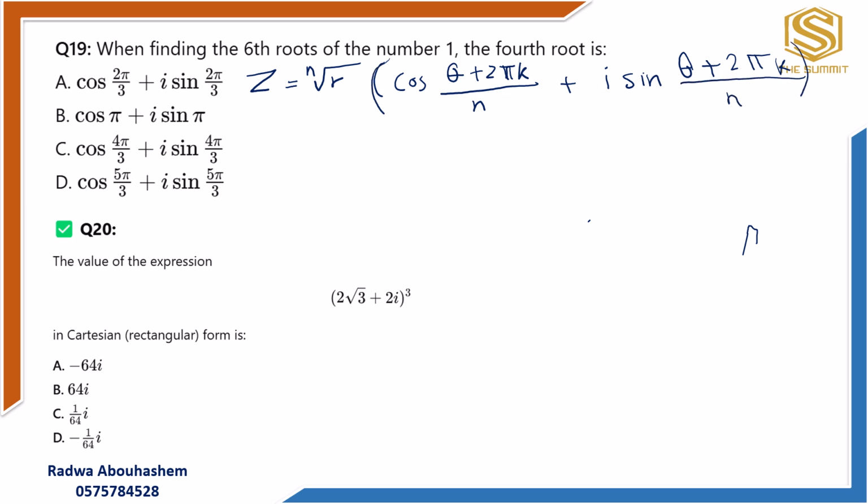Okay, that's good. Now let's see if we know all of the variables here. Do you know the R? Yes, he told me I need to take the 6th root of the number 1. So R is 1. Okay, good. Theta, all the time we regard theta as 0, but if he specified another angle, you're going to put it. So theta here is 0.